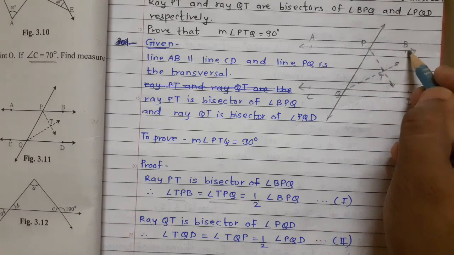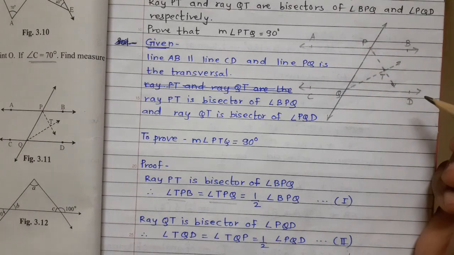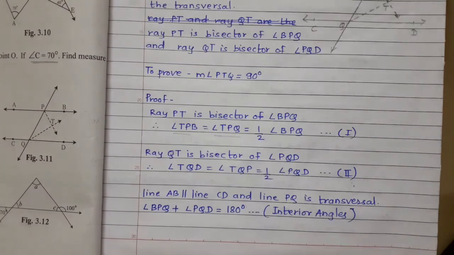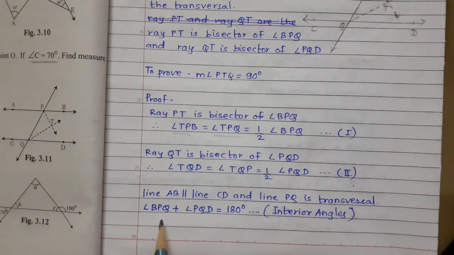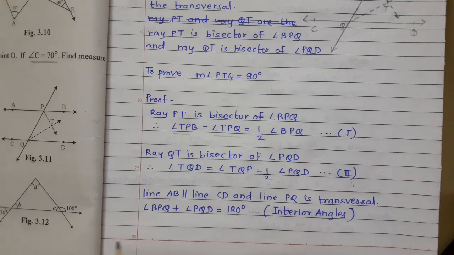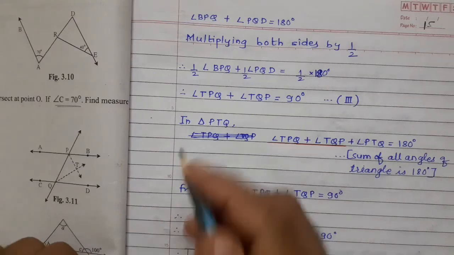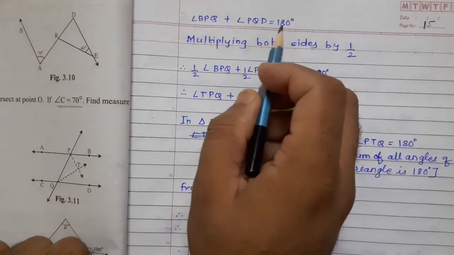Then we can write angle BPQ plus angle PQD is equal to 180 degrees. Now multiply both sides by 1/2.